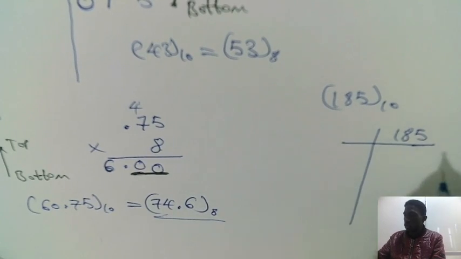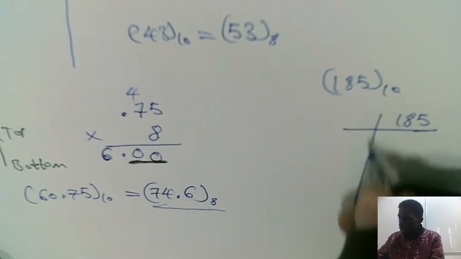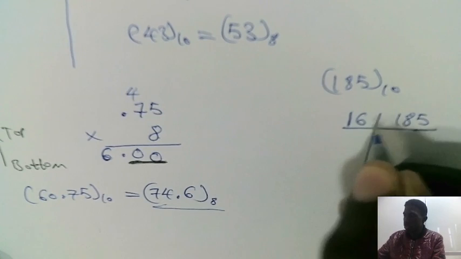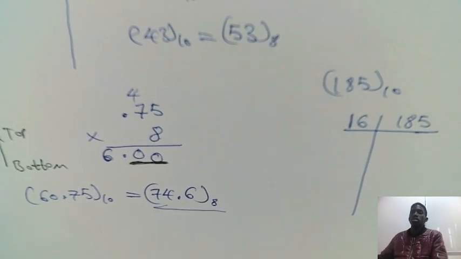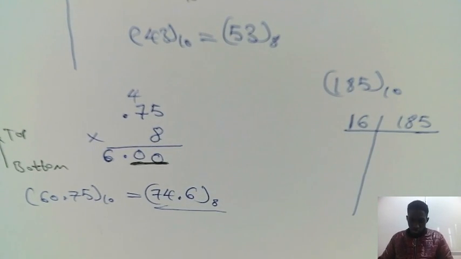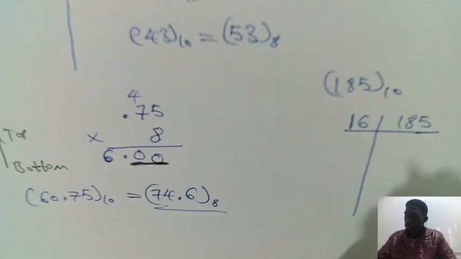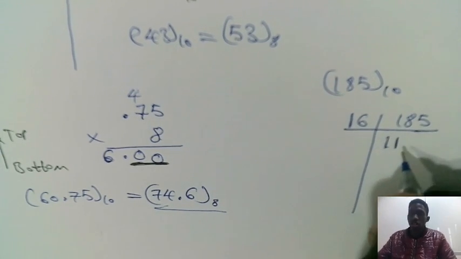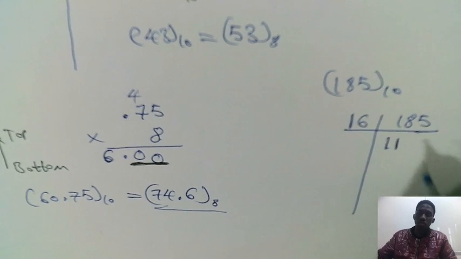We are going to divide 185 by 16 this time around, not by 8 but by 16. So 185 divided by 16 will give us 11. If you use a calculator, you will get 11.5 something.